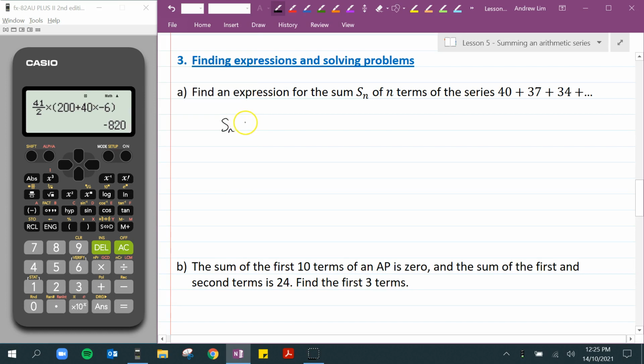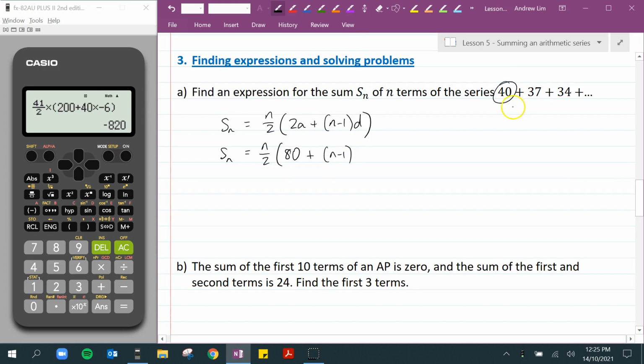The sum of the first n terms is equal to n over 2 times 2a plus (n minus 1)d. Well, what is a and what is d? a is 40, so 2 times 40, that's 80, plus (n minus 1)d.